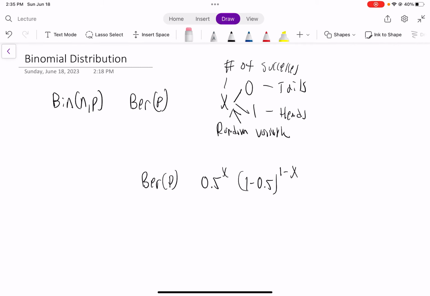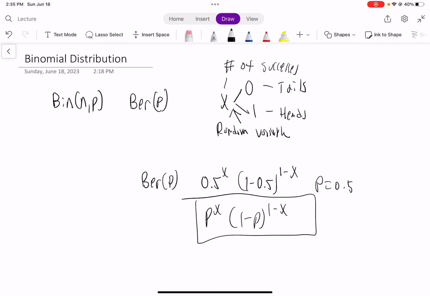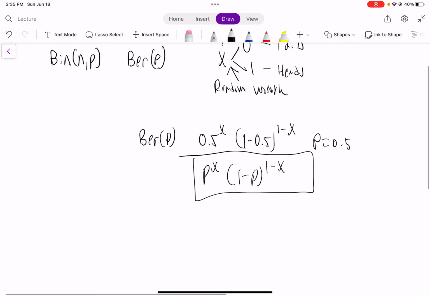It can only be 1 or 0. And let's generalize this. In this case, p equals 0.5 here. Well, we can generalize this into p^x (1 minus p)^(1 minus x). And this is the Bernoulli distribution. Now, you might ask, what is the mean of this distribution? Now, it comes out to be p.